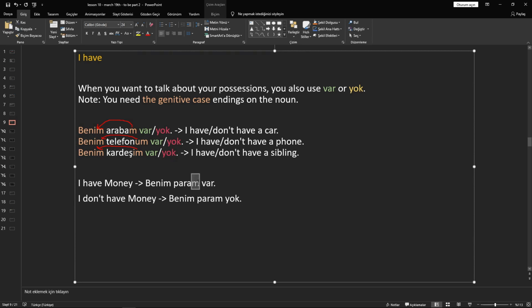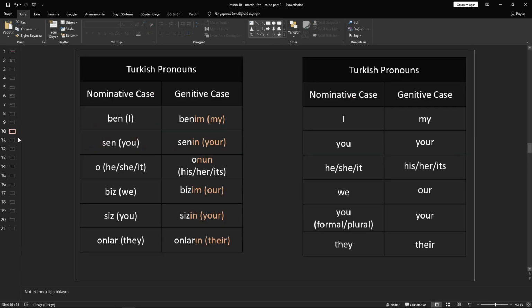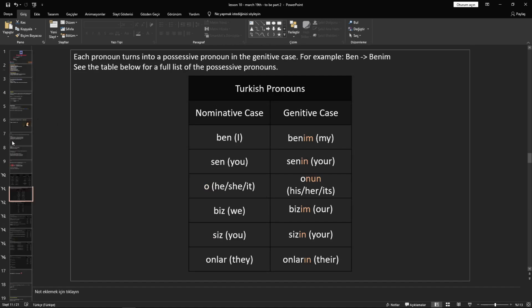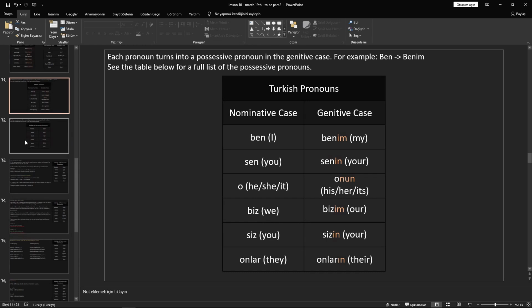Benim param var, benim param yok. And you can use this structure on anything. So I actually added this table about genitive cases in case someone is not really good with this, but I think it's all okay. So I will quickly skip this.